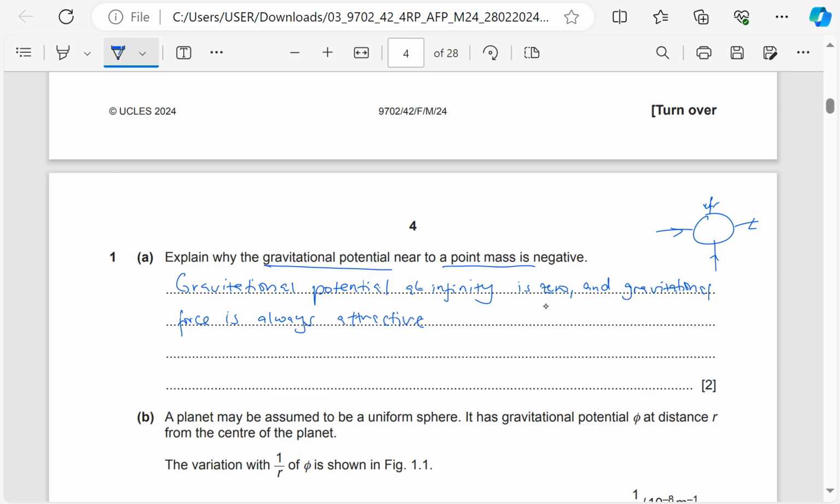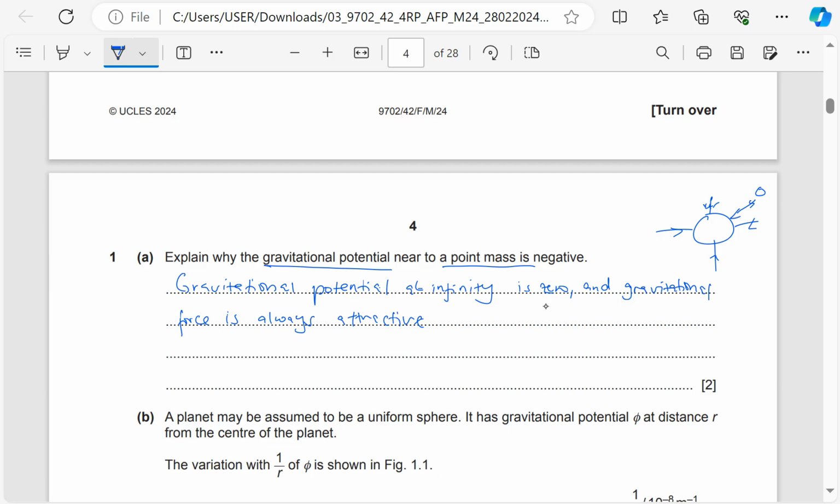So if the gravitational potential at infinity is 0 and yet the force is always attracting everything, it means if I move a mass to infinity, work is done on that mass. If I move a mass from infinity towards another mass, work is removed from the mass. So gravitational potential at infinity is defined to be 0, and the gravitational force is always attractive.